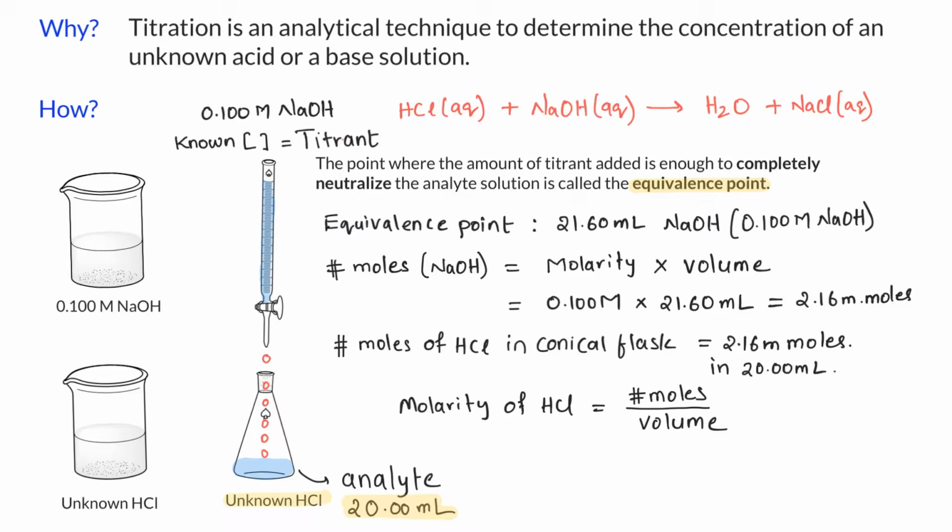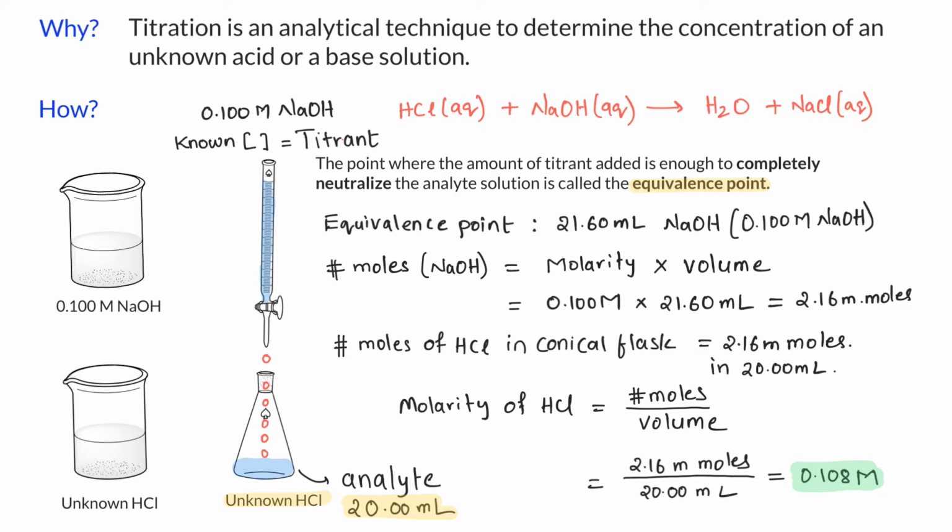It comes out to be 0.108 molar. We started the experiment with an unknown hydrochloric acid solution. We did the titration and determined its concentration to be 0.108 molar. This is precisely why we do a titration, to determine the concentration of an unknown acid or a base solution that is given to us.